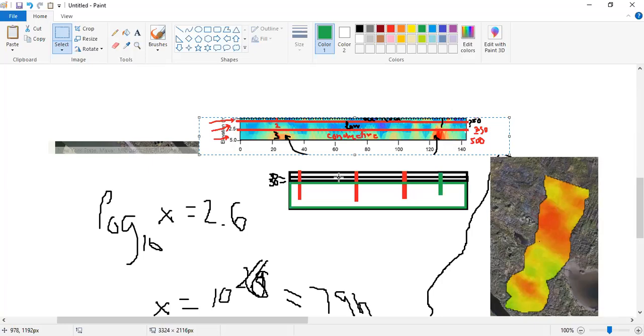So do you see this difference in this top diagram and this diagram? Do you see a correlation? We saw this 50 centimeters here also, right?